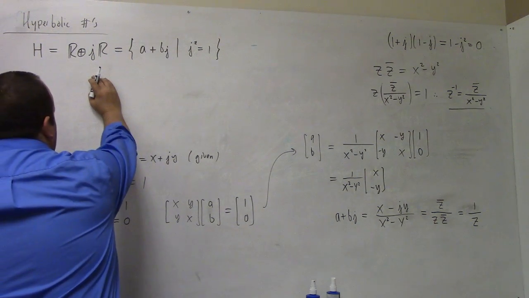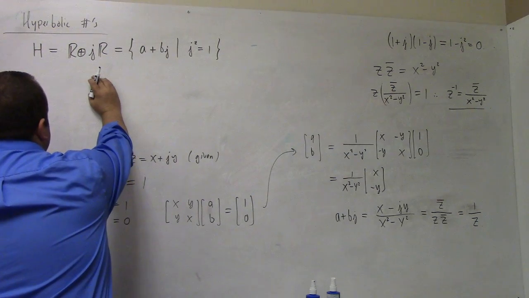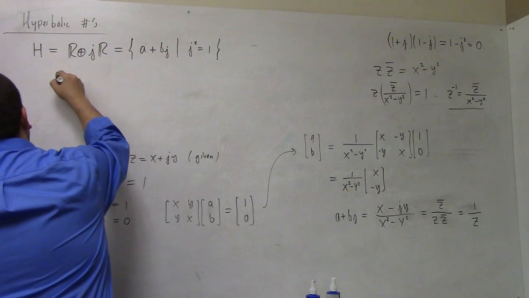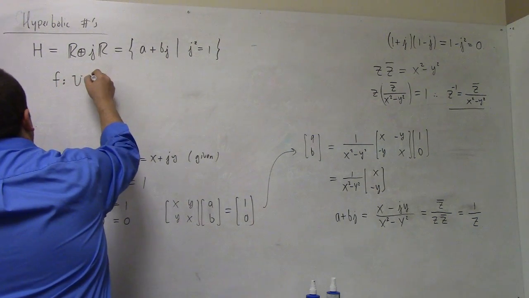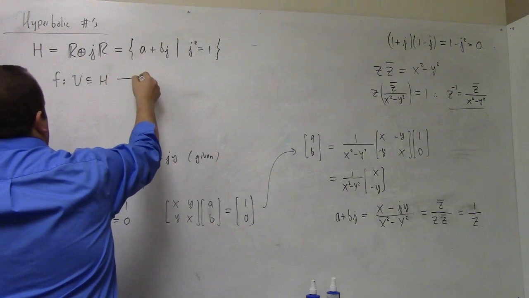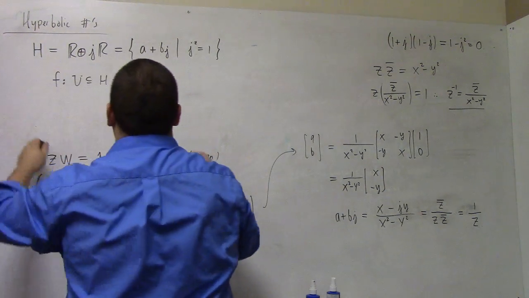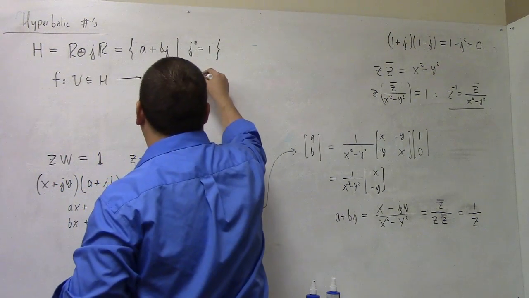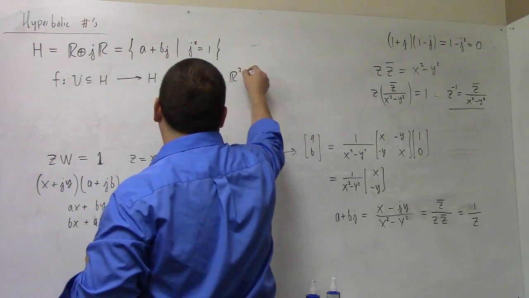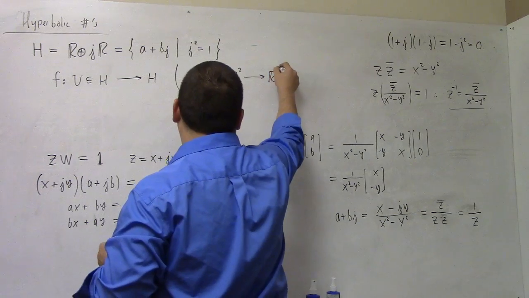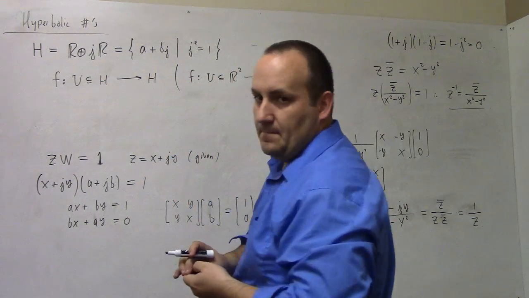There are so many things to say. So ultimately, I want to study functions from some subset of the hyperbolics to the hyperbolics again. So really, what we're looking at is a function from a subset of R2 to R2 again, from the perspective of real calculus.